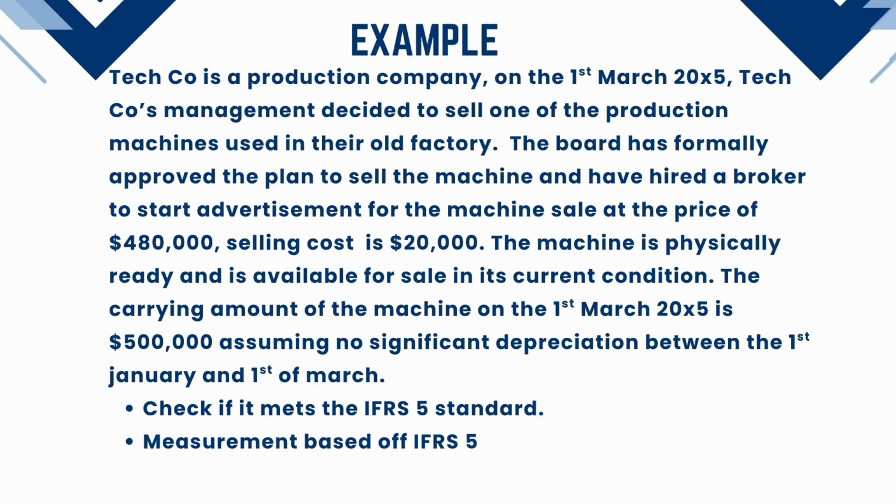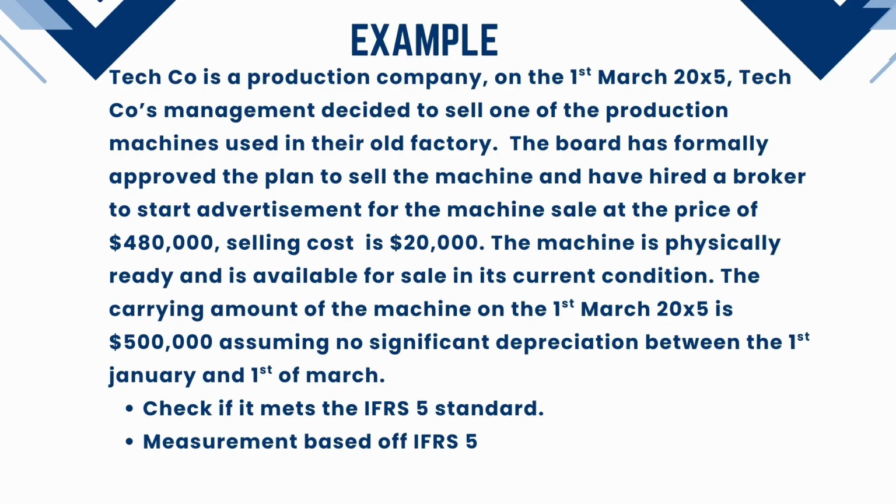The selling cost is $20,000. The machine is physically ready and available for sale in its current condition, and the carrying amount of the machine on the 1st of March 20x5 is $500,000, assuming no significant depreciation between the 1st of January and the 1st of March. So this is a very simple and interesting question.